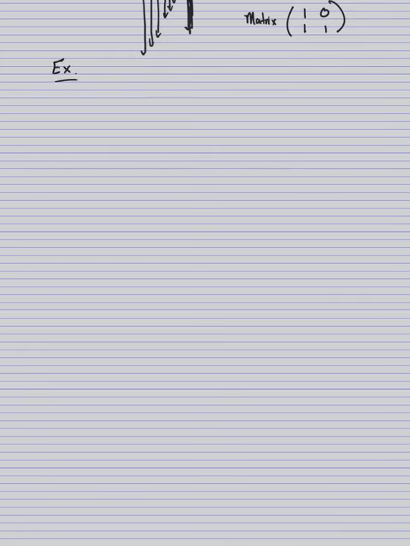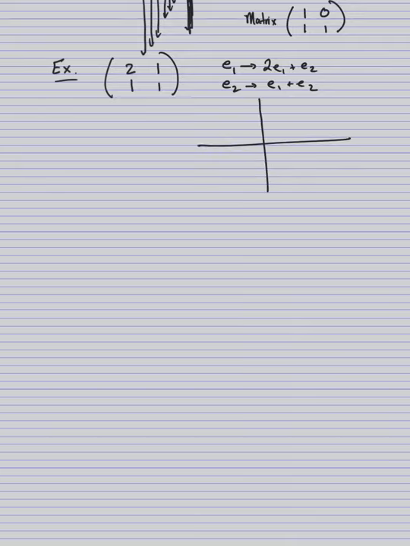Another useful one to know is I'm going to take the matrix, so I won't even say what it does, we kind of know what it does now. So I'll write 2, 1, 1, 1. Okay, so this sends e1 to 2e1 plus e2, and it sends e2 to e1 plus e2. All right, so let me, again, try to draw a picture here. I'll just draw an image of where the basis vectors go.